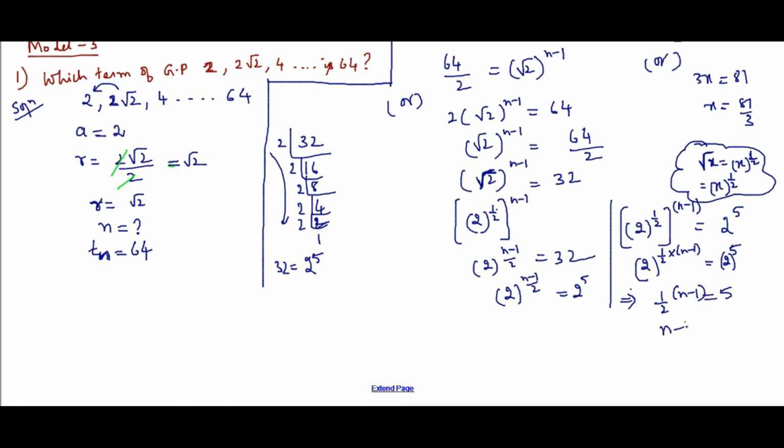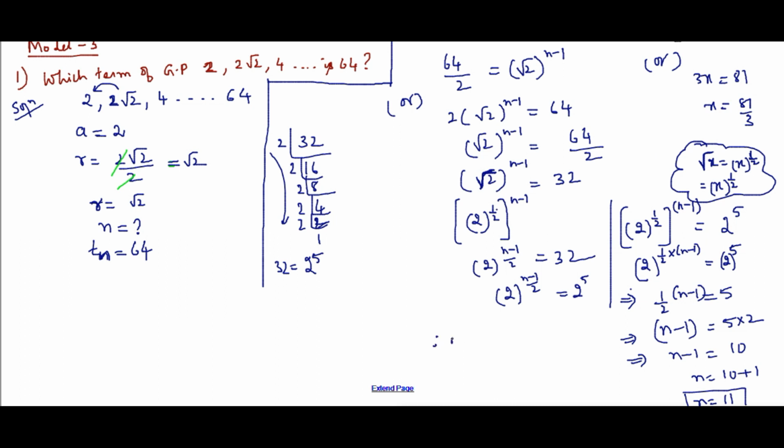Once you are done with this, can I write n minus 1 is equal to 5 into 2? So n minus 1 is equal to 10. So n is equal to 10 plus 1, n is equal to 11. So you will get the final answer as 11. So that's my n value.